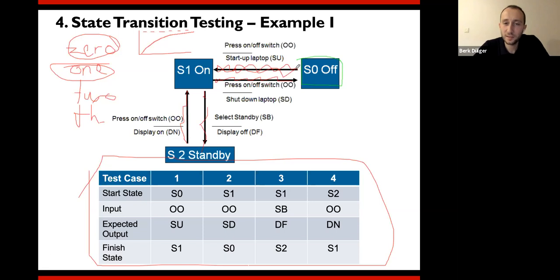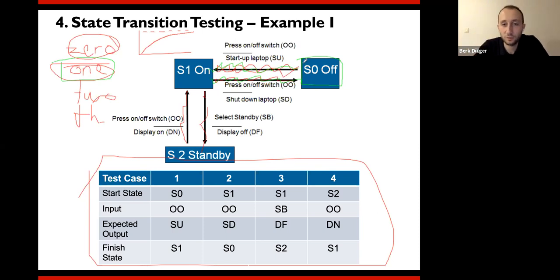Okay, let's calculate. I may go there and come back. This is one test scenario with two transitions. For one switch coverage, I need test scenarios with two transitions.